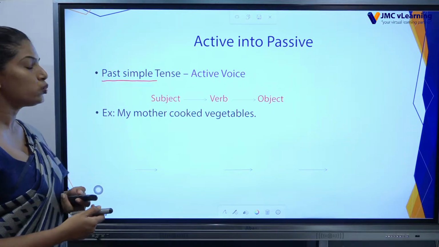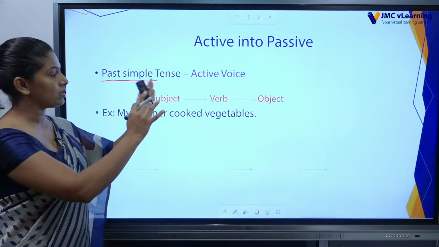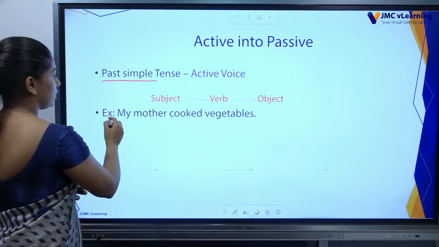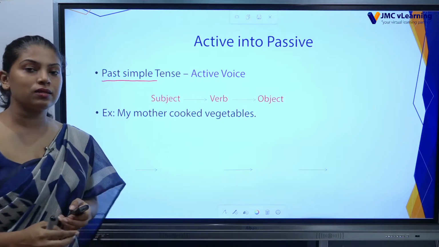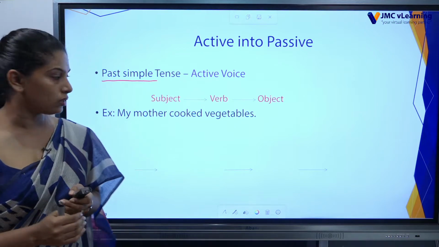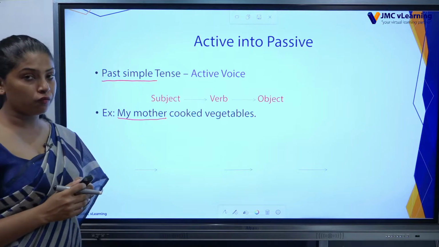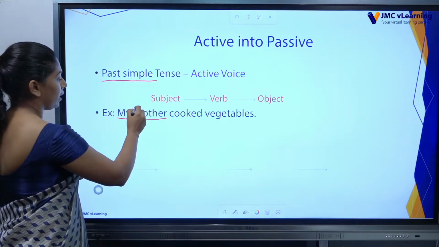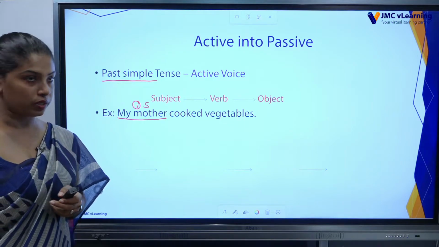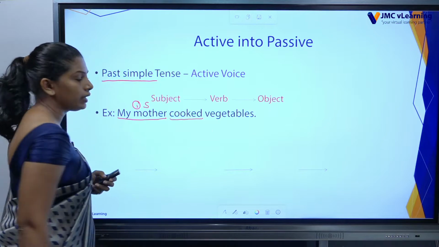My mother cooked vegetables. Here we will see what is the subject, what is the verb, and the object in this sentence. Right. Subject. Who did this action? Who is the person who did this action? My mother. So the subject of this example is my mother. Then we can see the verb with ed.